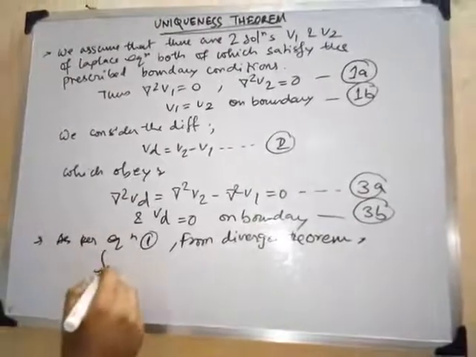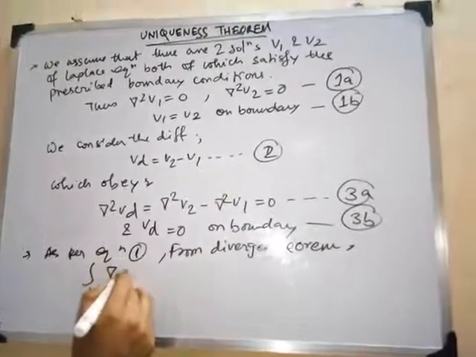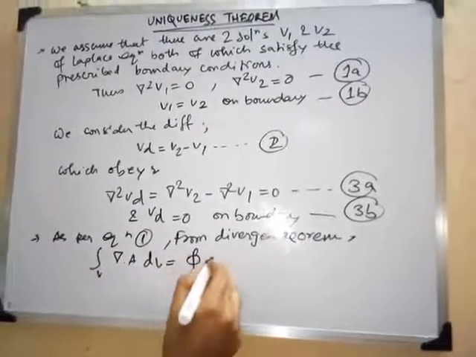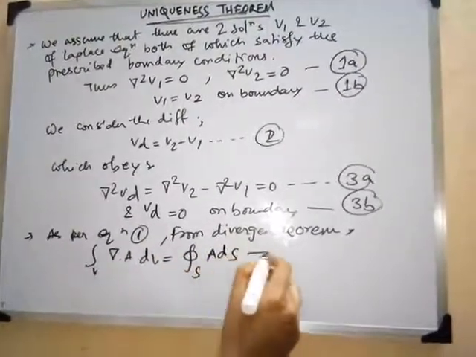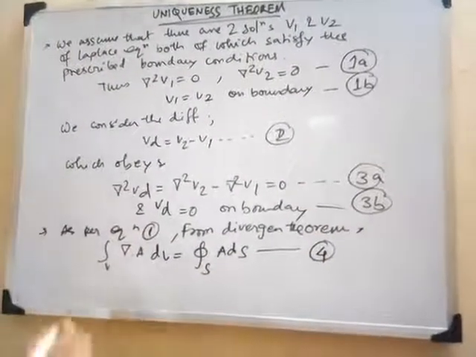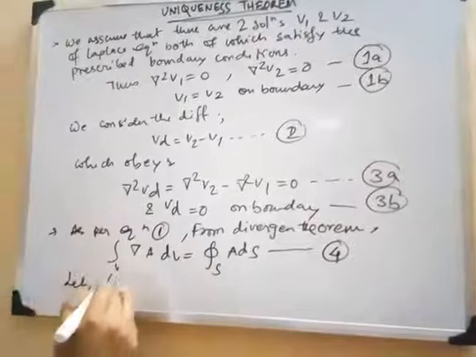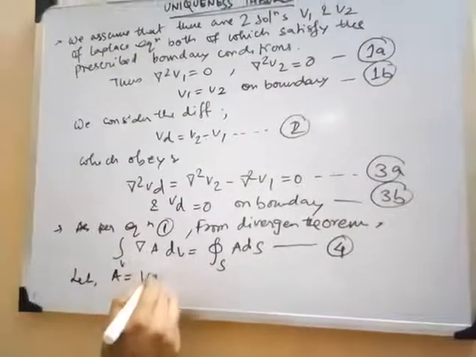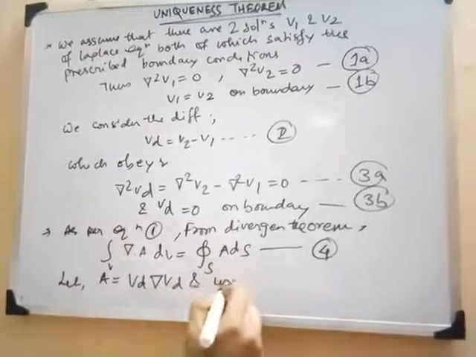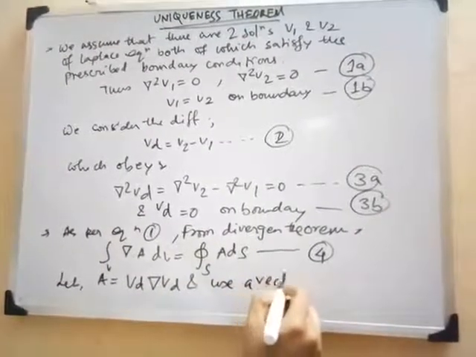So you can write the volume integral of del dot A dv is equal to the closed surface integral of A dot ds. We take this as expression number 4. Now let A be Vd del Vd, and use a vector identity.